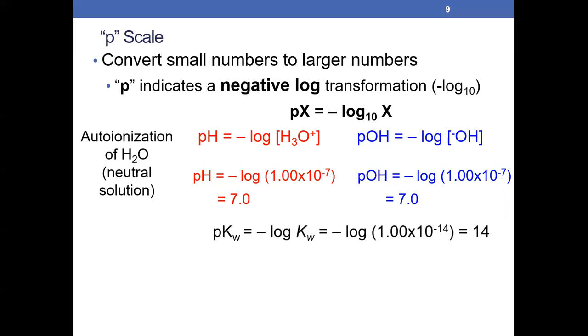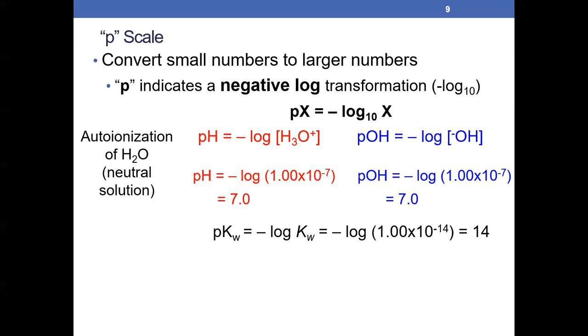From there, we can also take what's called the pKw. If you don't want to deal with scientific notation, we can take the negative log of our Kw value. In this case, that value is 1.00 times 10 to the minus 14, so ultimately that equals 14.